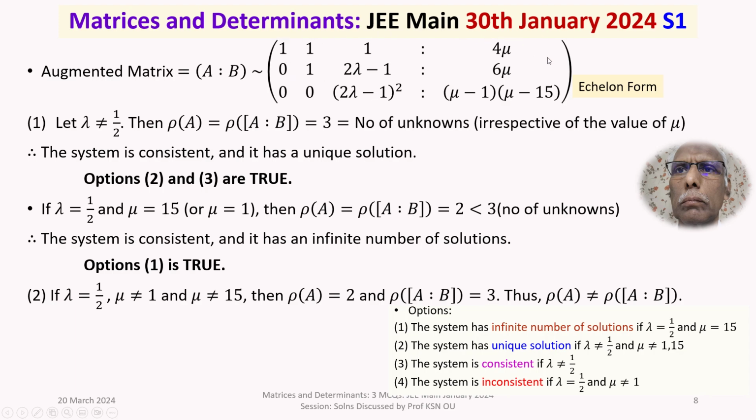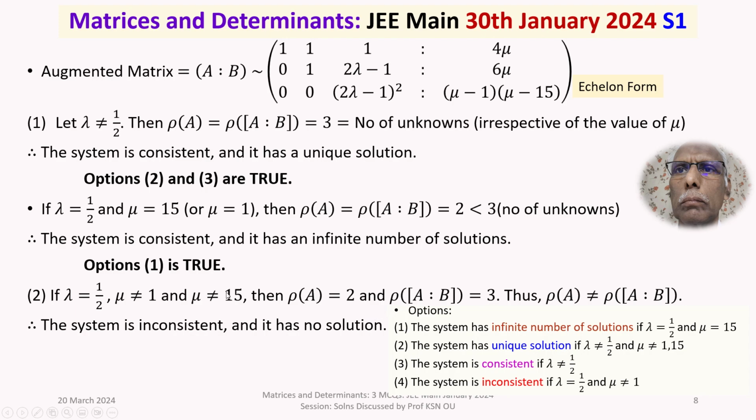That means the rank of the augmented matrix will be 3. So the rank of A will be 2 and the rank of A with B is 3, when lambda is equal to 1 by 2 and mu is not equal to 1 and not equal to 15. Then the ranks are not equal, therefore the system is inconsistent and it has no solution.